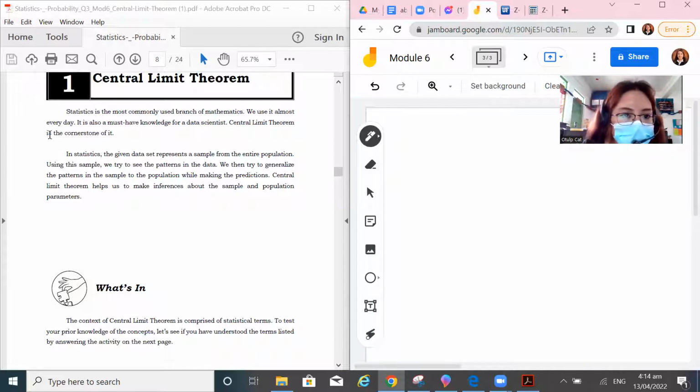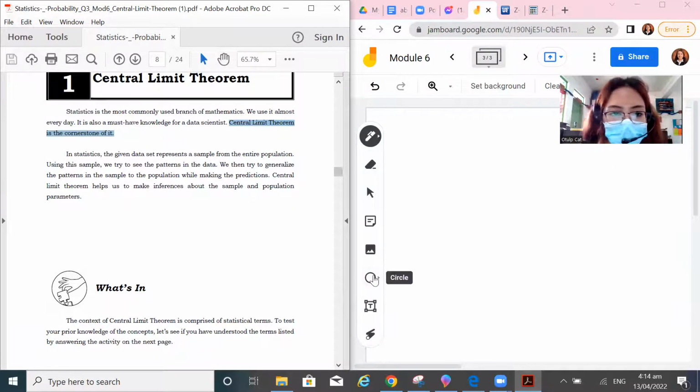Let's start. Statistics is the most commonly used branch of mathematics. We use it every day. The central limit theorem is the main idea behind this branch of mathematics.